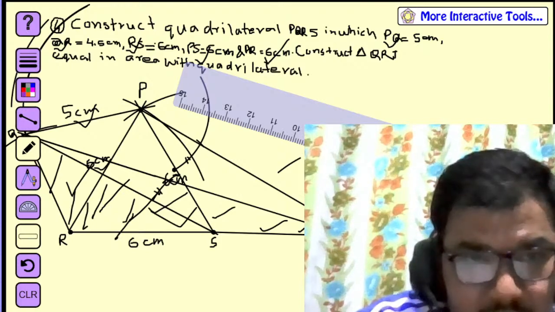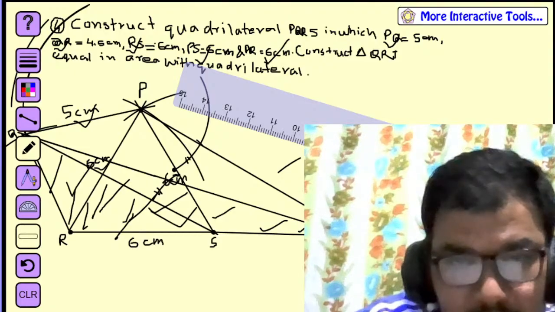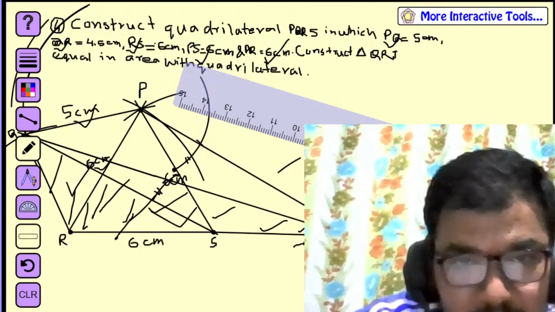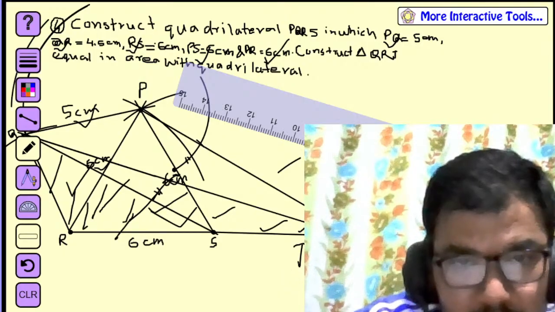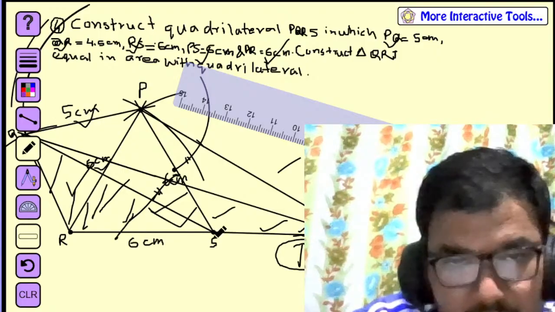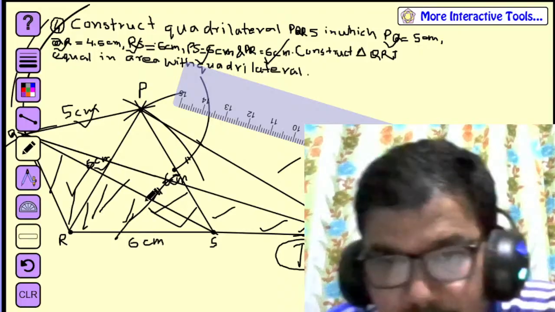Okay, there is one point T, right? Okay, this part is hidden. There will be T. Okay, this P T point here, and this point will be joined here. Here is the point T. Okay, and this point is T. QRT is the one triangle whose area is equal with the area of this quadrilateral.